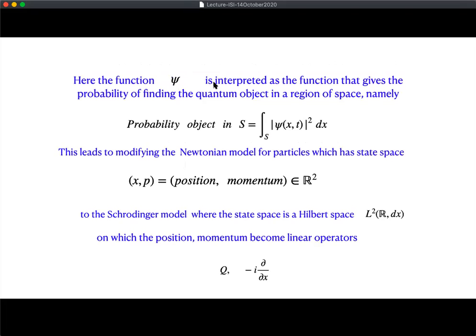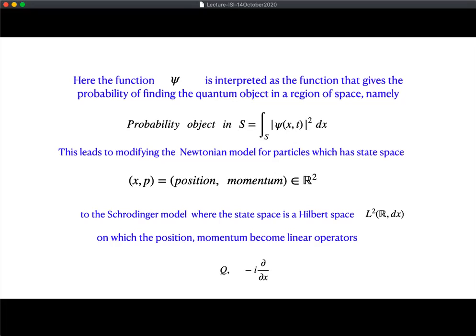Here the function psi is interpreted as the function that gives the probability of finding the quantum object in a region of space. Psi itself doesn't give the probability, but this integral does: the probability of finding the object in a region S, when the state is psi, is the integral over S of the modulus of psi(x,t) squared, dx.